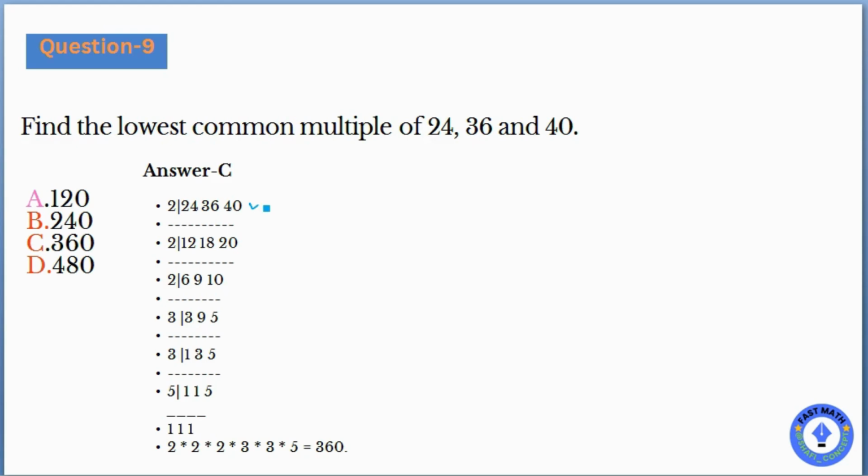24, 36, 40 is divided by 2. That is 12, 18, 20. Again divided by 2. It is 6, 9, 10. Again divided by 3.